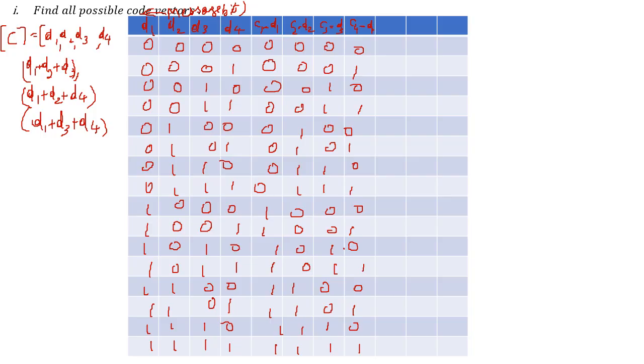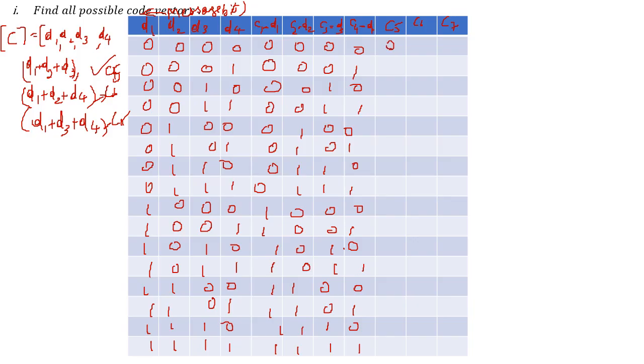Next, the remaining 3 bits are nothing but as per this equation. So this forms C4, C5, this is C6, this is C7. So we'll write it directly as C5, C6, C7 and we'll fill the equations accordingly. First one is D1 plus D2 plus D3. Add the first 3 bits of the message polynomial.